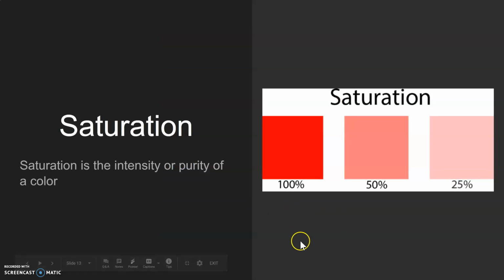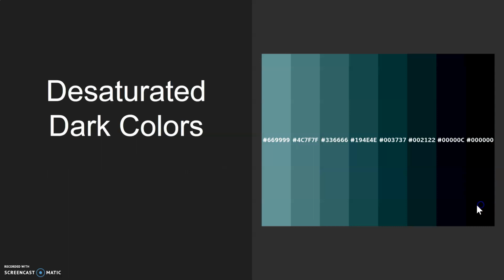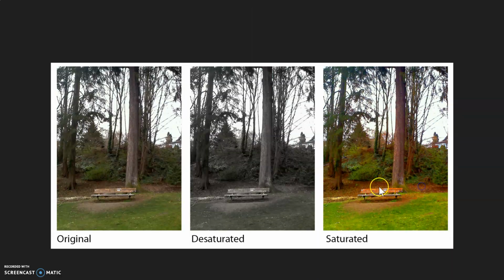Next we have saturation, and saturation is the intensity or purity of a color. As you see, this red is 100% saturated, and then this one goes down the line. And then you have your desaturated, which is basically just the opposite of saturation. So you have desaturated dark colors, which start to get darker.